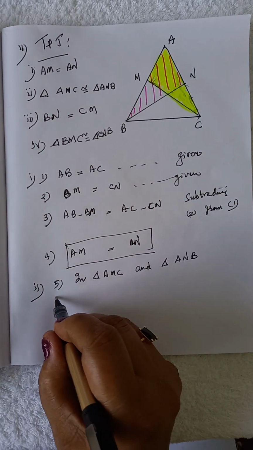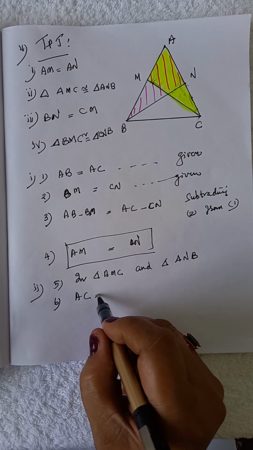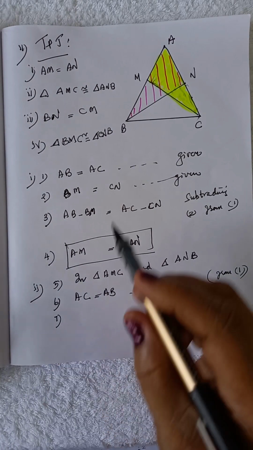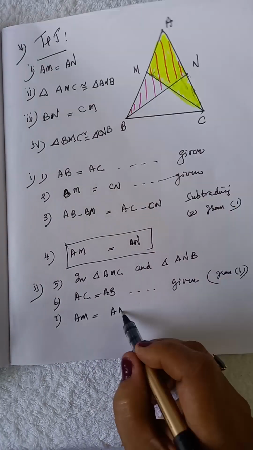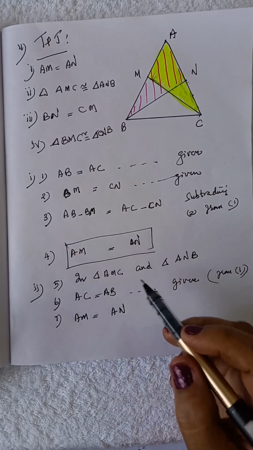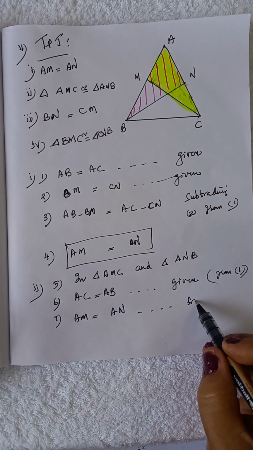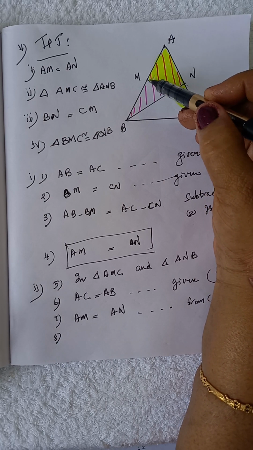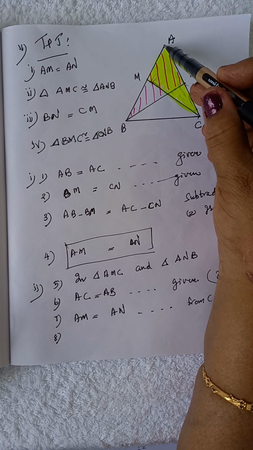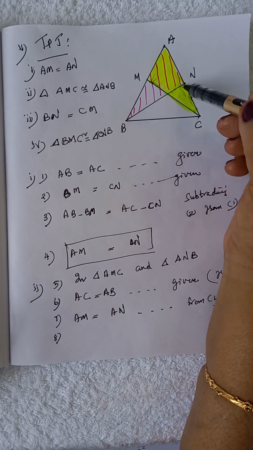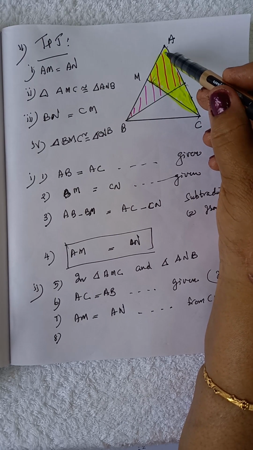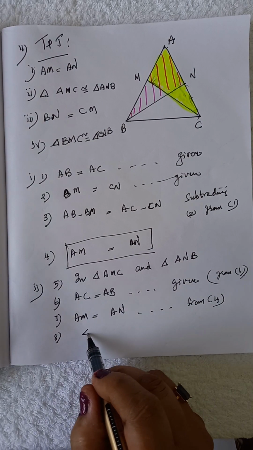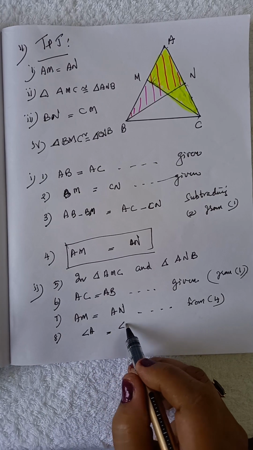So we can write as sixth point, AC is equal to AB, that is given from 1. Now seventh point is AM is equal to AN, that is from the fourth point, so we can write from 4. Eighth point, angle A, which is for triangle AMC, and angle A is for triangle ANB also. That is common to both triangle AMC and triangle ANB. So we can write angle A is equal to angle A.